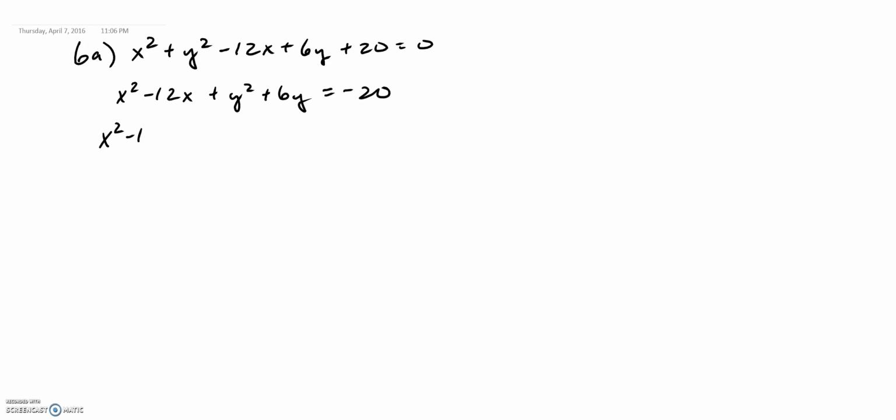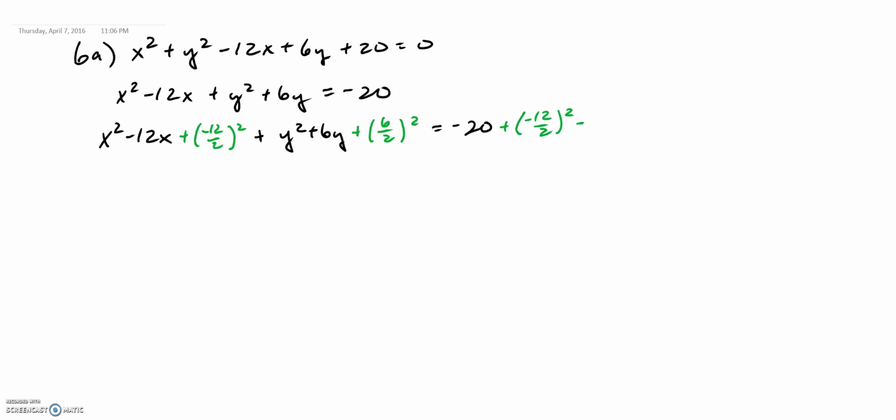I'm going to get x squared minus 12x, we're going to add negative 12 over 2 squared, plus y squared plus 6y plus 6 over 2 squared is equal to negative 20 plus negative 12 over 2 squared plus 6 over 2 squared.